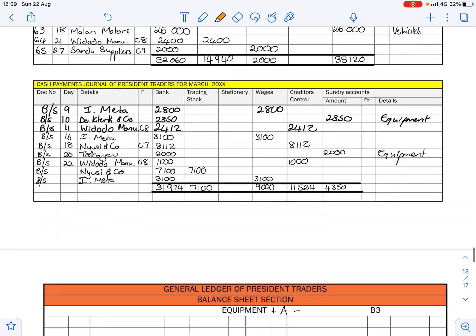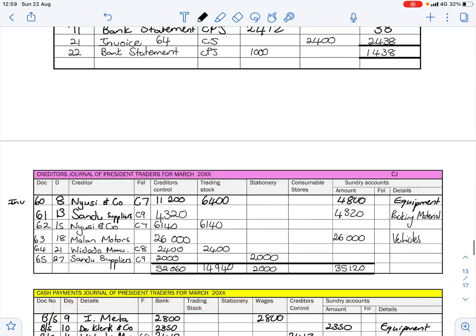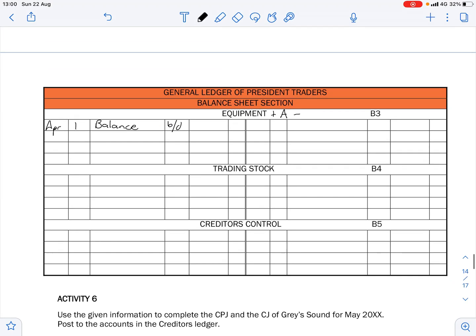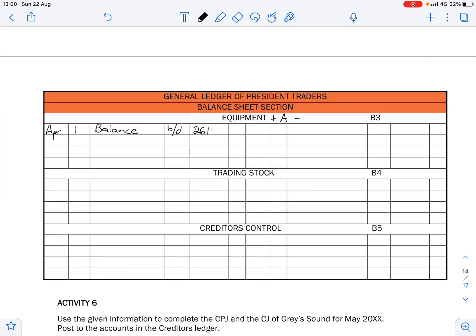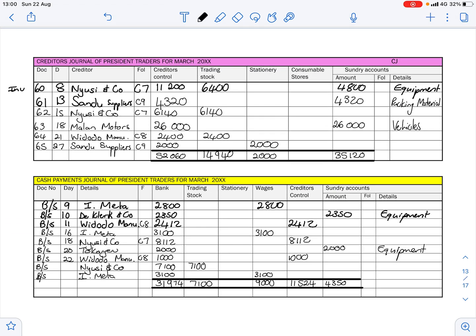So let's start off with equipment. On April the 1st, we have our balance brought down, and our balance there was 2,610. Now, if we go up and have a look at our creditors journal and our cash payments journal, you'll see that we've purchased equipment on credit, as well as for cash.